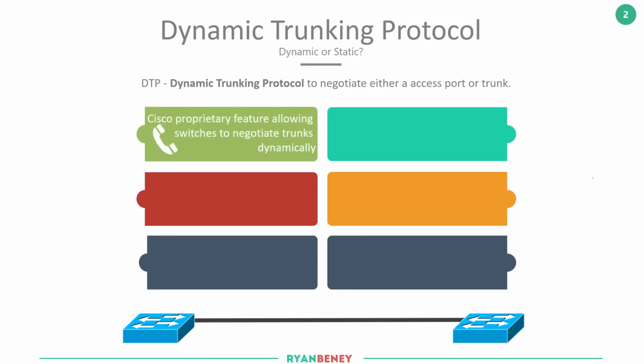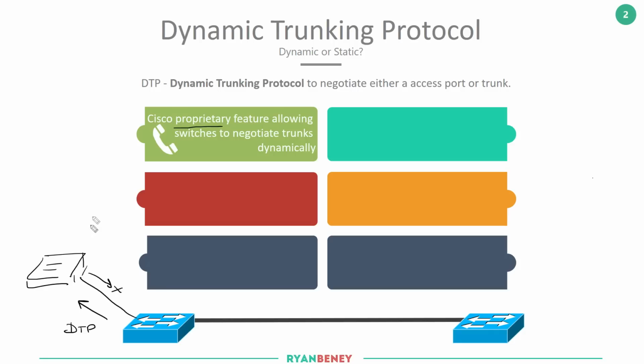First of all, DTP is Cisco proprietary. Cisco proprietary means that it only runs between Cisco devices. If on your network you've got a switch connecting to another vendor and it sends out DTP messages, then it won't get a response back.